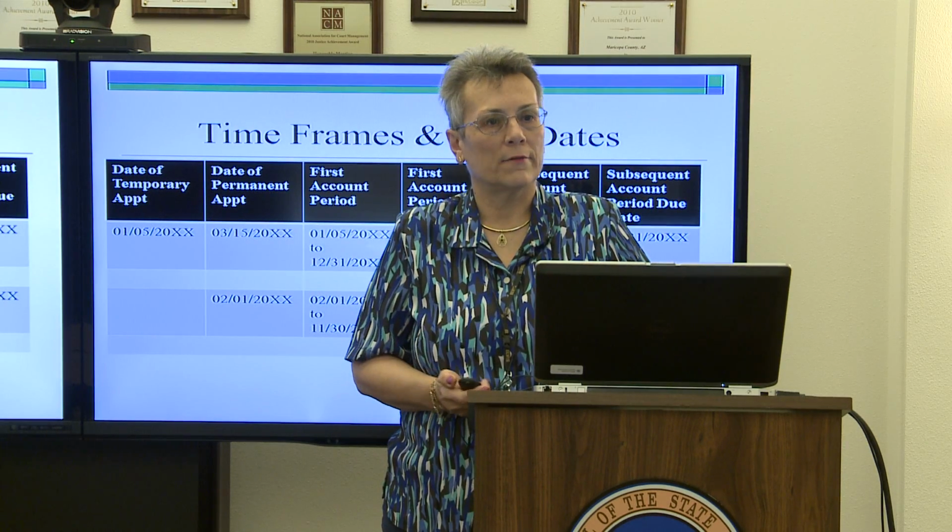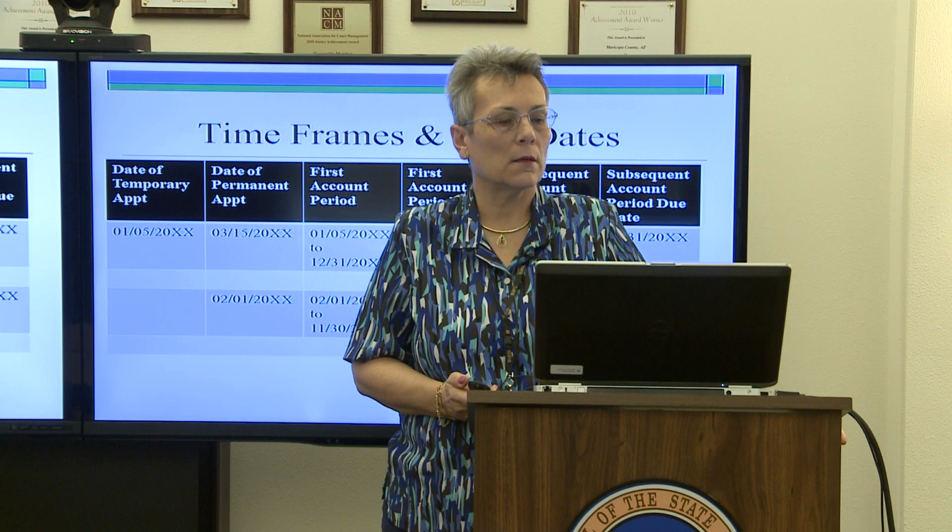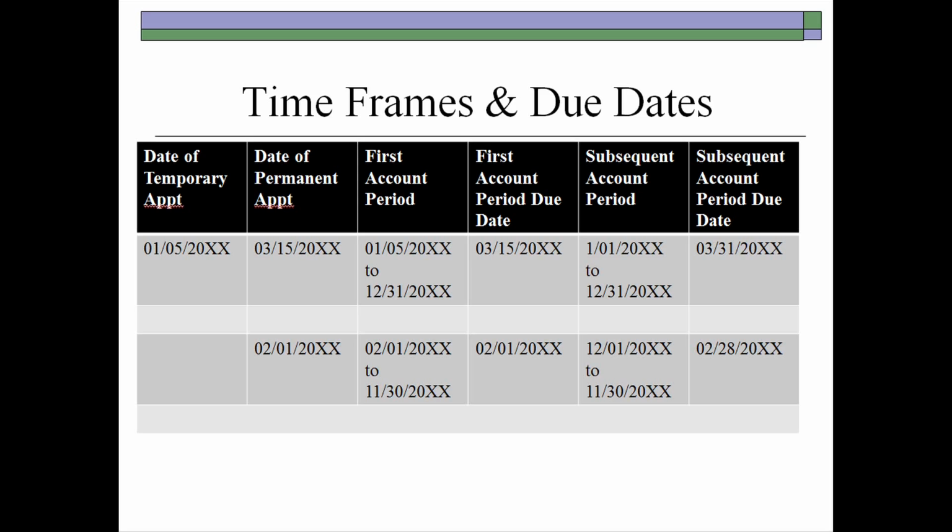And by way of example, here are some dates. If you were appointed temporary conservator on January 5th, and you were then appointed permanent conservator on March 15th, your first account period should run from January 5th through December 31st of that year.